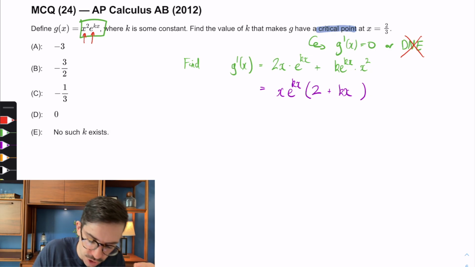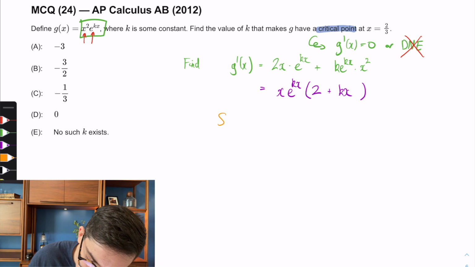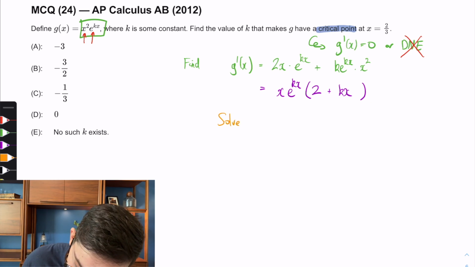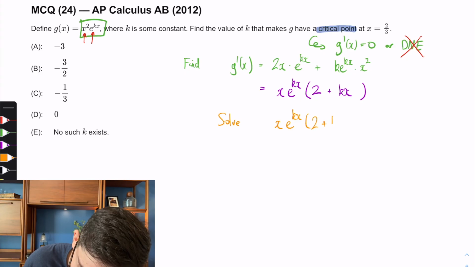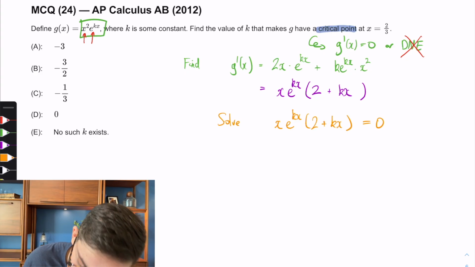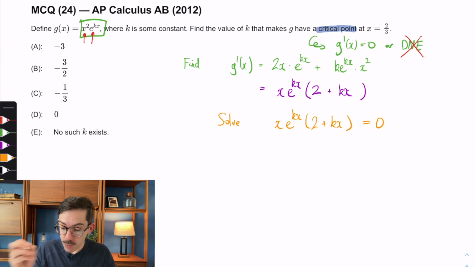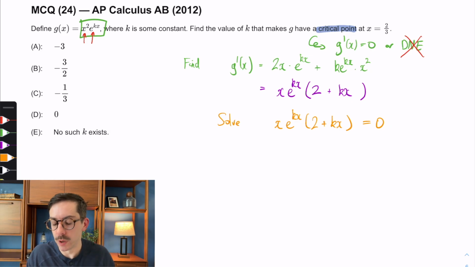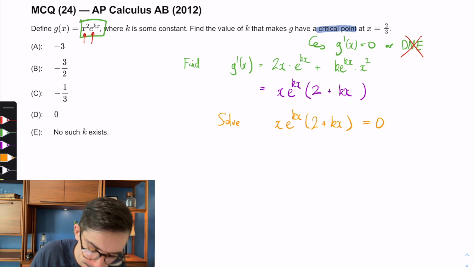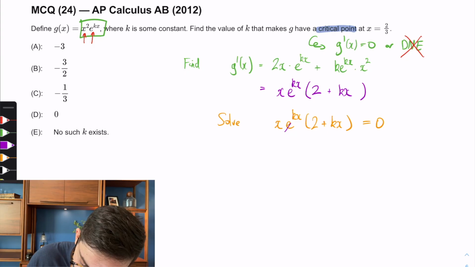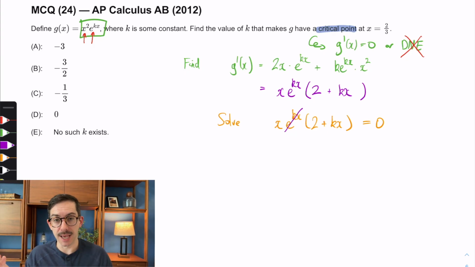So really what we're going to do is we're going to solve for x e to the kx, 2 plus kx equal to 0. Now e to the kx is always going to be positive. So I can just divide both sides by e to the kx to cancel it on the left. When I divide on the right, I still get 0. Okay.